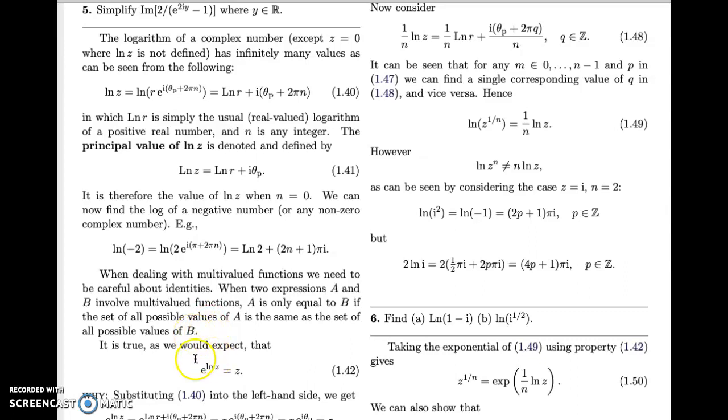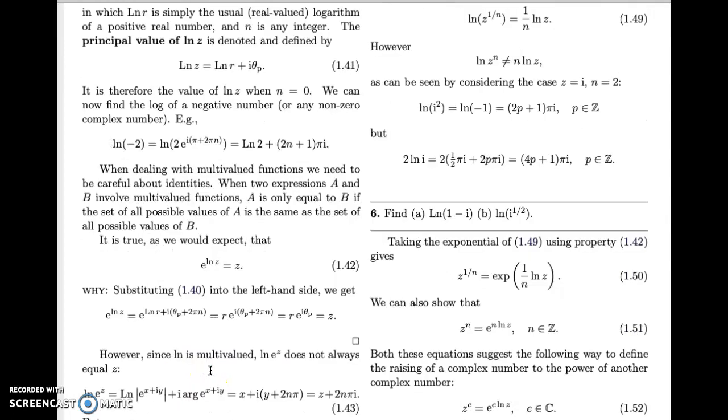Now, for an example of an identity which is obviously true for real numbers and is also true for complex numbers, e to the log z is always equal to z. You can see this simply by substituting the expression we have for log z into the left-hand side.